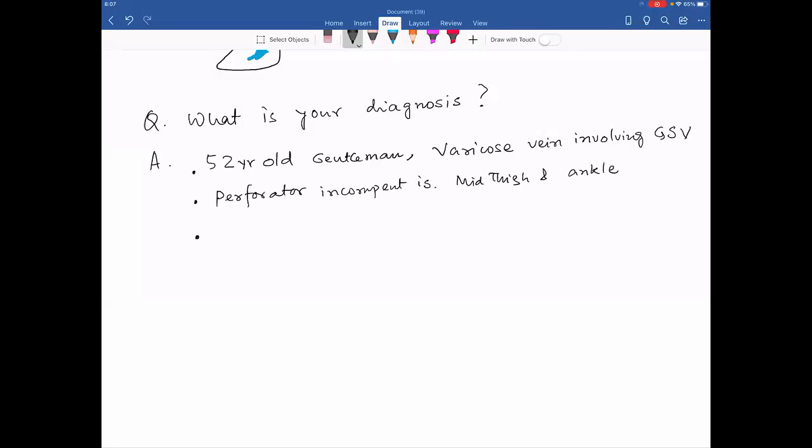Third point, SFJ is incompetent. Fourth point, complicated by lipodermatosclerosis and ulcer. Oh, sorry, venous ulcer. Have you completed writing up till this? Yes, sir.